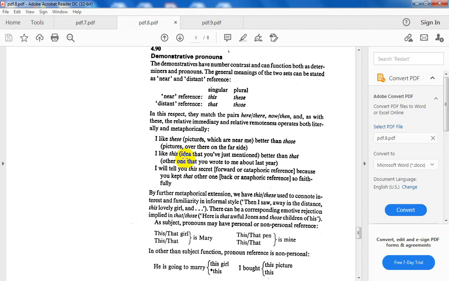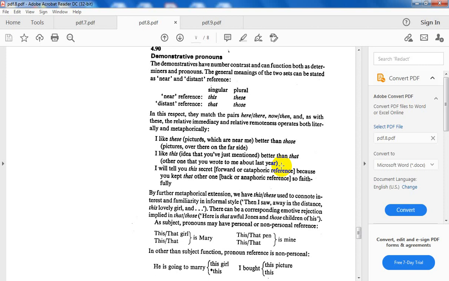I like this idea you have just mentioned, meaning near, better than that other one that you wrote to me about last year. That is distance. I will tell you this secret for it, or to get for reference, because you kept that other one back, or anaphoric reference so faithfully.